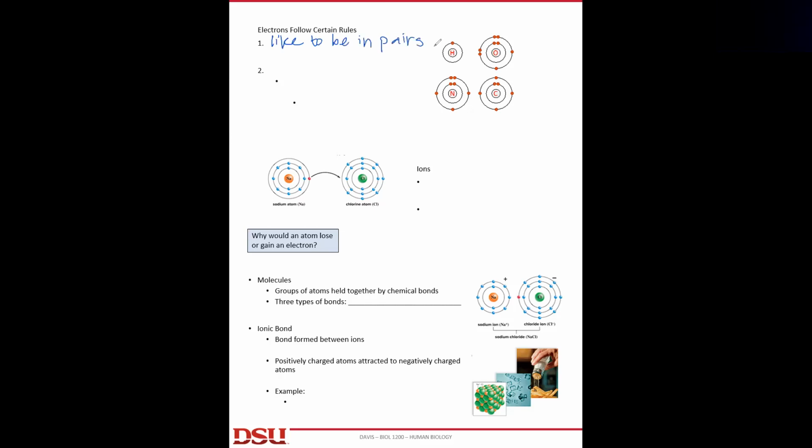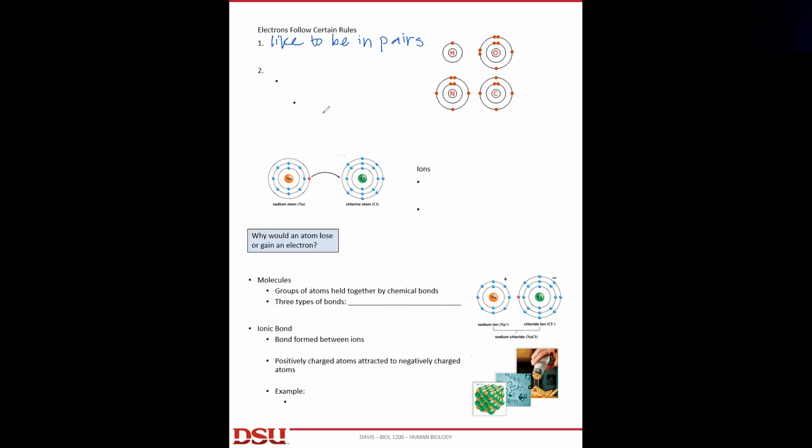They really don't like to hang out alone. And this is really important when it comes to chemical bonding. What electrons like and don't like often determines what kinds of other elements they are willing to join with. Okay, so they like to be in pairs.